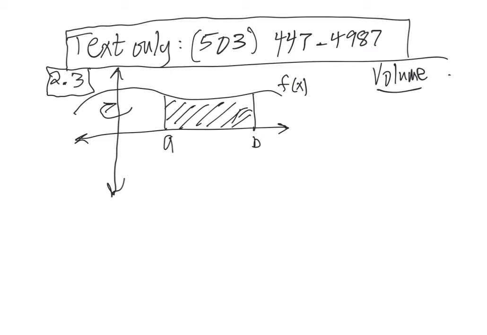So here we have a function. Like almost every day we start out with some function. It's a positive function. The graph is above the x-axis. And I want to take the region between two positive values, a and b, and then notice we're going to rotate that about the y-axis.